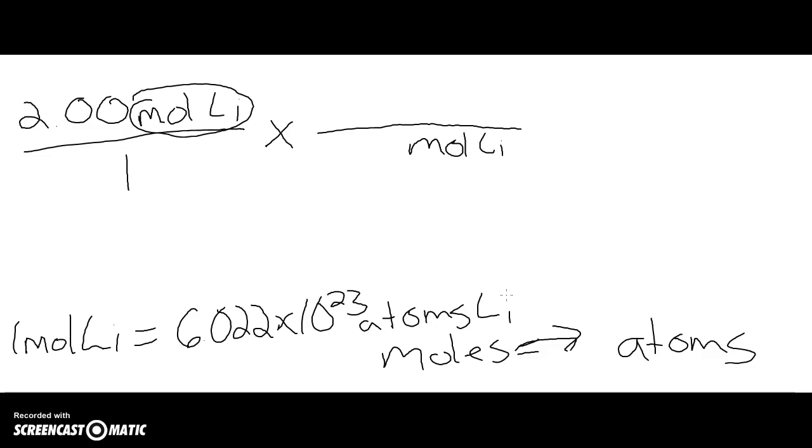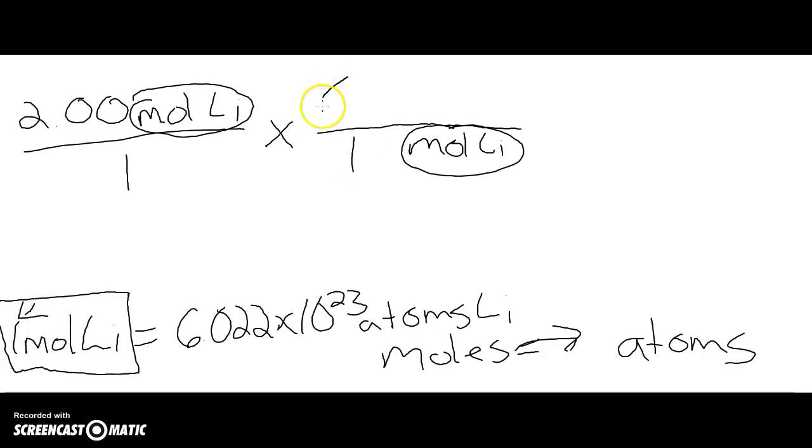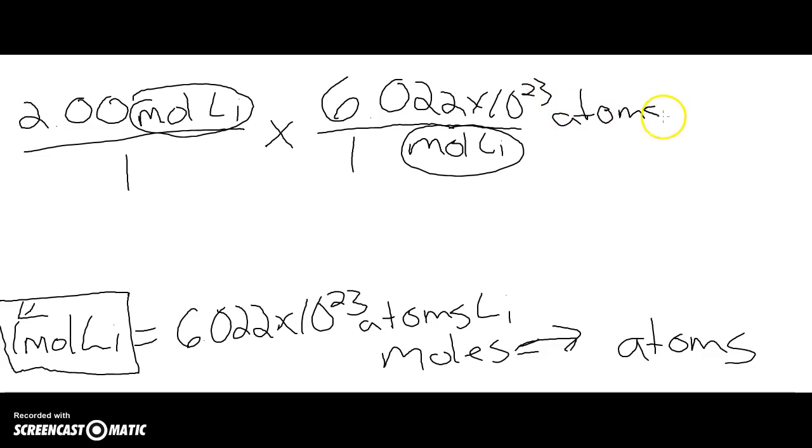But anyway, I know I have moles of Li here, so I want to use the side of the equation where I have moles of Li. So the number that goes with that is going to be 1. So 1 mole of Li goes on the bottom, and 6.022 times 10 to the 23 atoms of Li goes on the top.